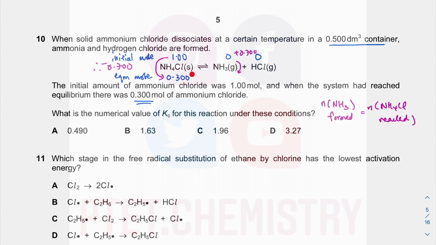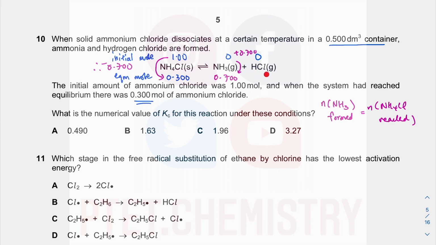Whatever they reacted will form the product. You don't react 0.300; you started with 1 and end up with 0.3 at equilibrium, so you have reacted 0.7. So 0.700 mole of this reacts to give you 0.700 mole of NH3 because you started with nothing. And then you add 0.700.